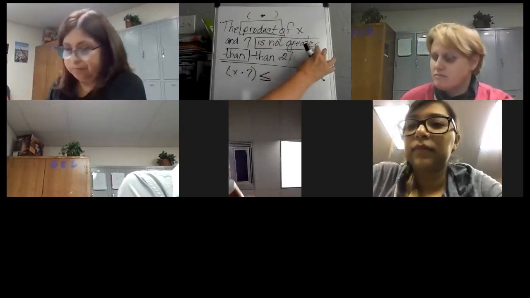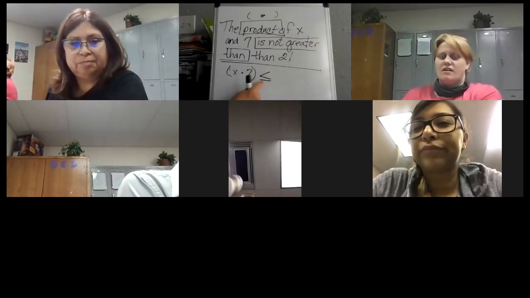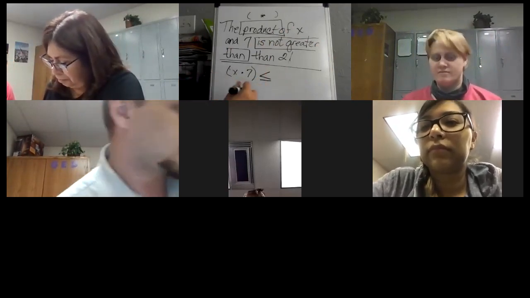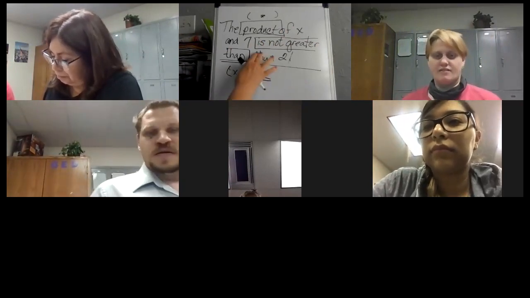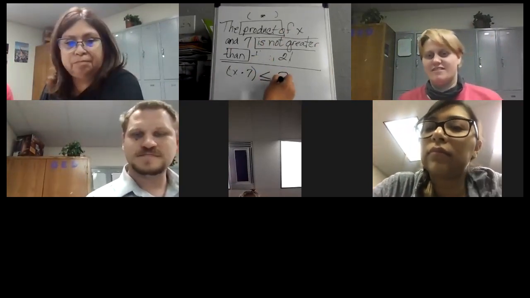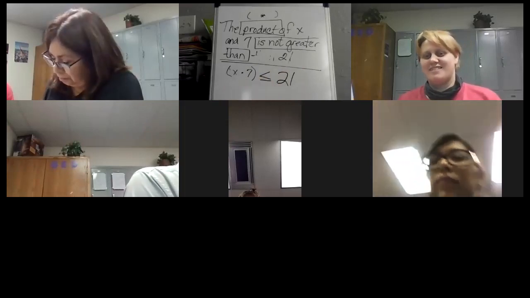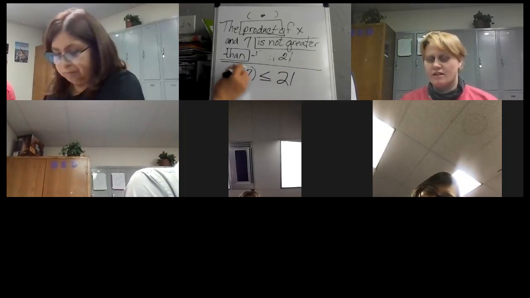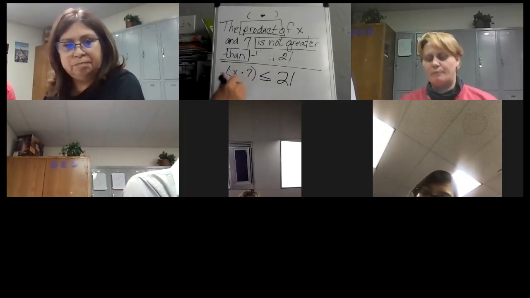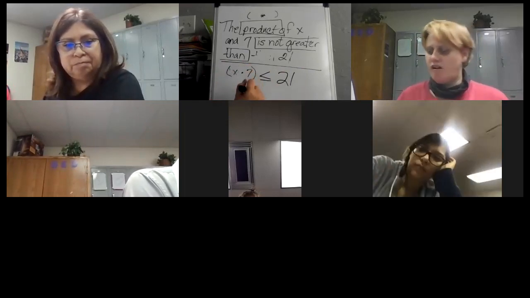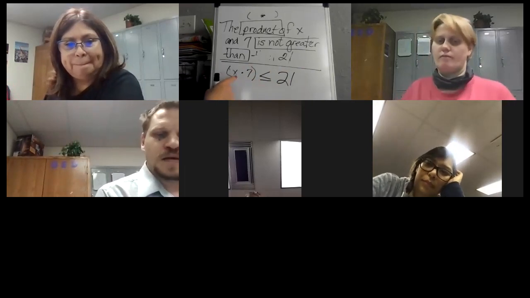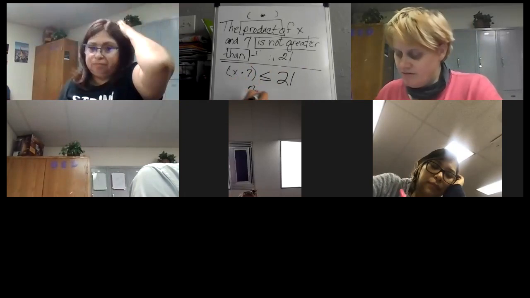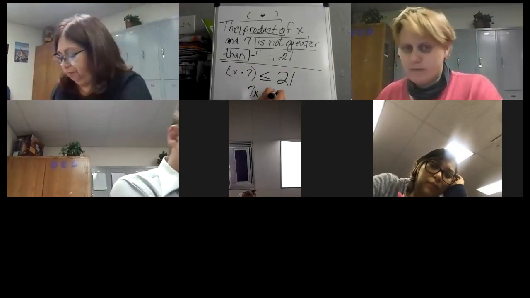It's just not greater than, so it's going to be less than or equal to. Do y'all see? Oh, I put it 21. And then, since there's nothing else to do with these parentheses, like a divide or anything, we can write this crammed together as 7x is less than or equal to 21.